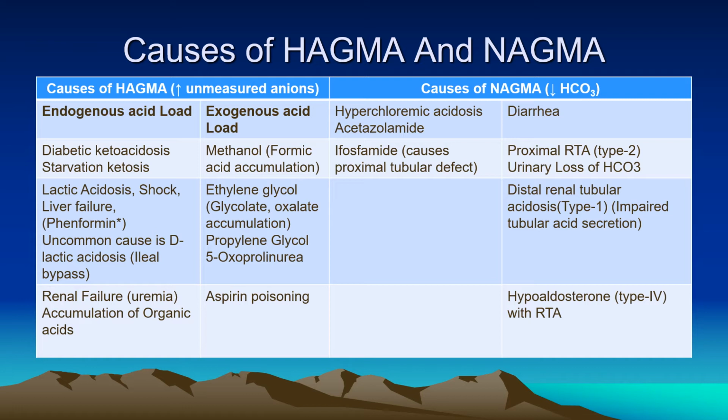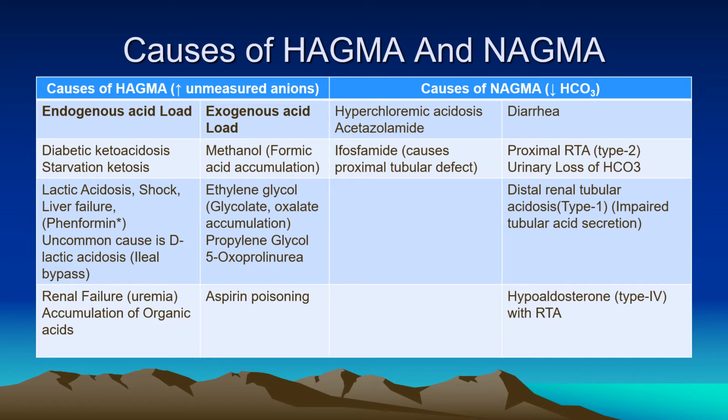Now, among the normal anion gap metabolic acidosis, which is usually hyperchloremic acidosis, classically seen in acetazolamide overuse and ifosfamide, which also causes proximal tubular defect like Fanconi syndrome. But the most common cause is diarrhea, where there is a fluid loss and bicarbonate loss.